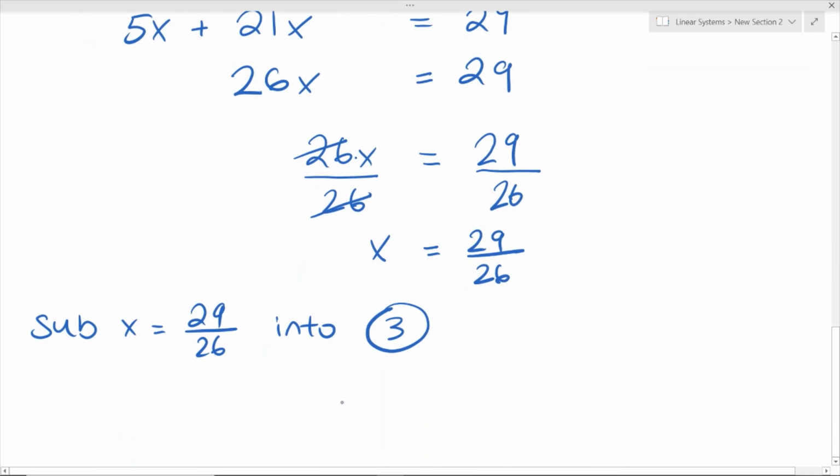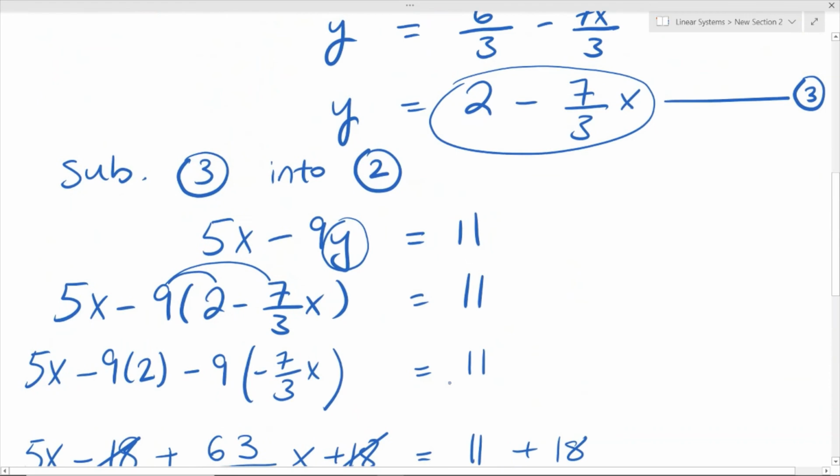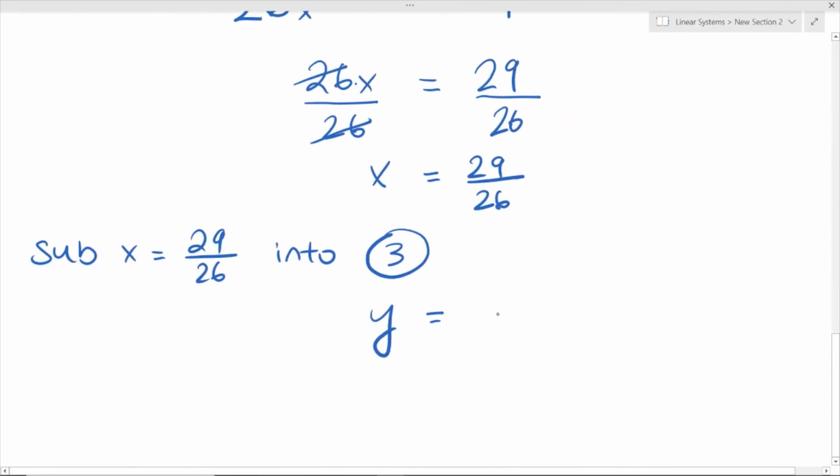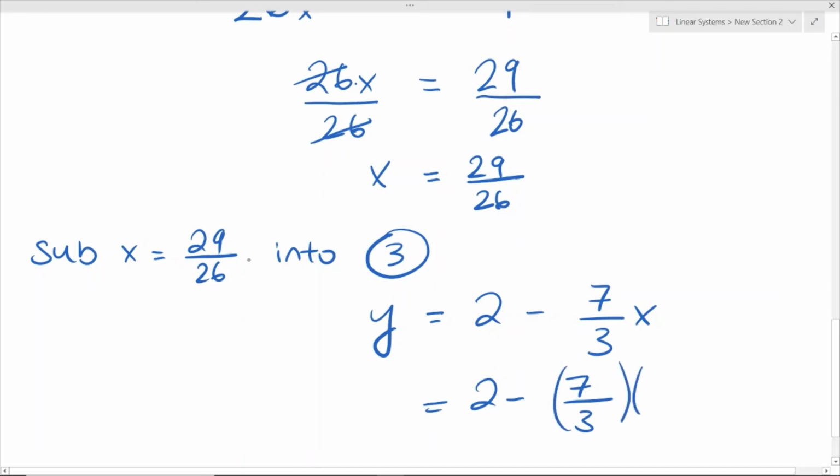So y equals 2 minus 7 over 3x. So I'm going to plug this x value in here. So it's going to be 2 minus 7 over 3 times x, which is 29 over 26.